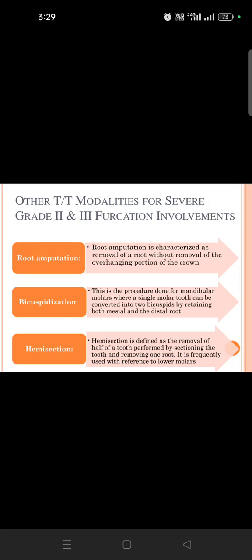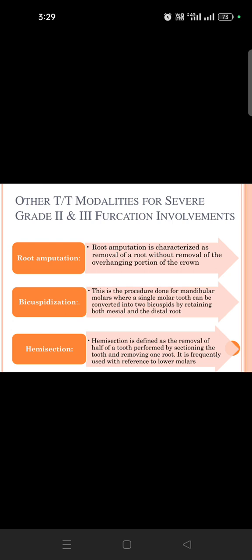Now some other treatments for grade 2 and grade 3 furcation involvement include root amputation, bicuspidization, and hemisection. Root amputation is characterized as the removal of a root without removal of the overhanging portion of the crown.